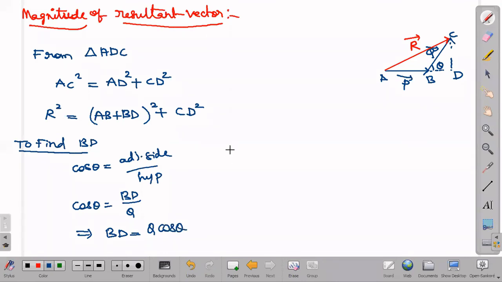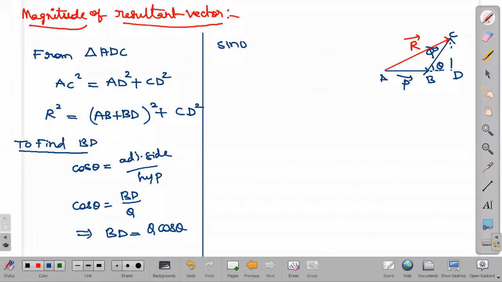Right. So we found the BD value that I can substitute over there, and I will also find the CD value. Then it will be easy to find the resultant value. So what is CD in the same triangle? In triangle BDC, CD is our opposite side. Opposite side means we have to go with the sine function.